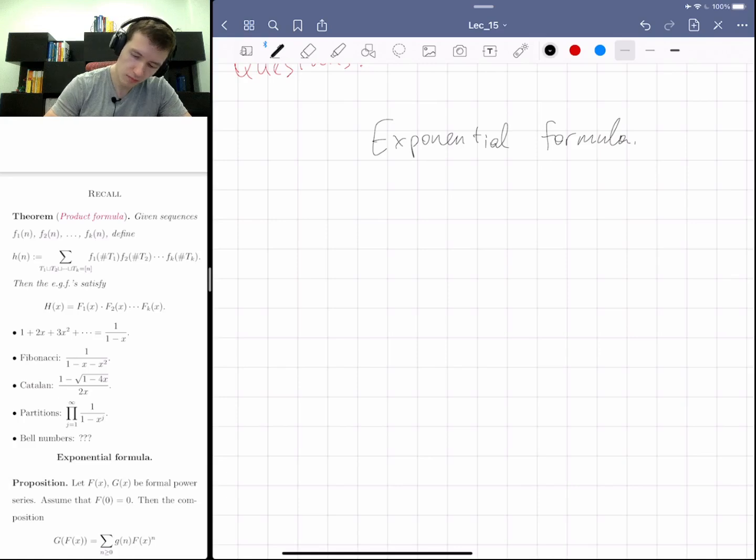So let me first explain formally when you are allowed to take composition of two generating functions, two formal power series. So let's say you have two formal power series, f of x and g of x.